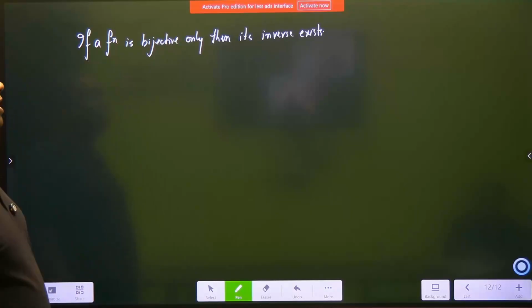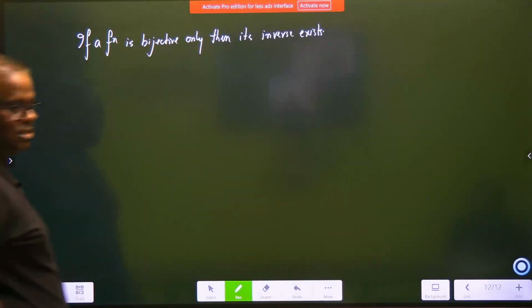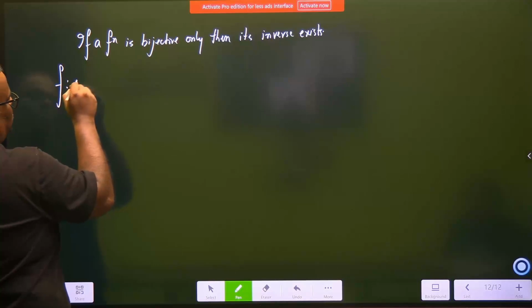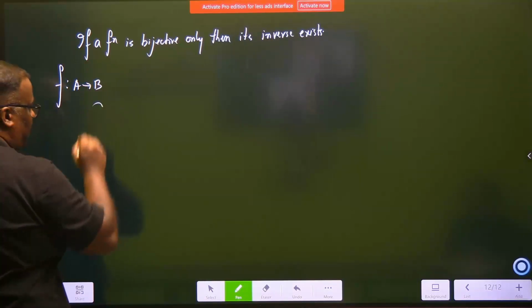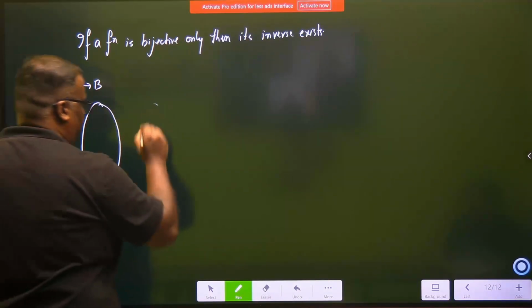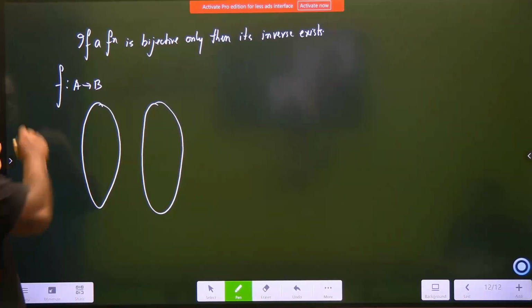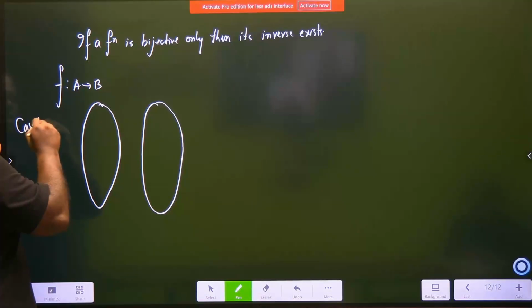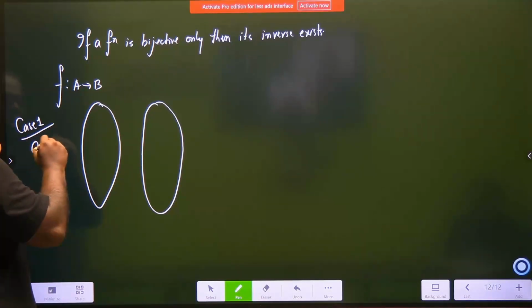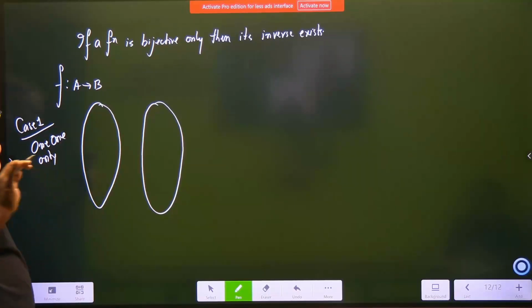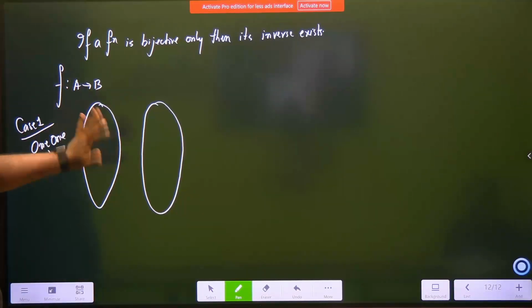So let's take a function f mapped from A to B. And case 1, let this function be only 1-1, only injective, not surjective. Means this function is not bijective now.